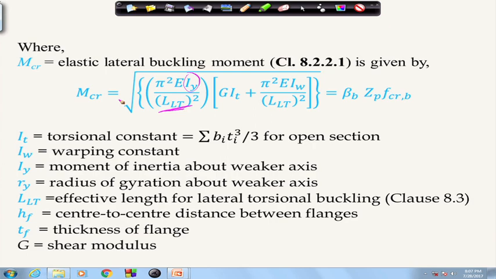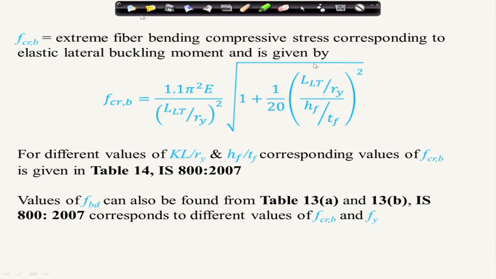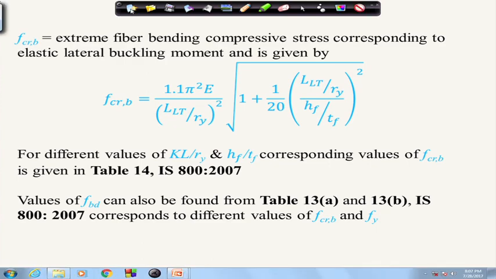So, depending on those factors, finally, we can find out the value of MCR. Okay. Also, we can find out the FCRB value, which is the extreme fiber bending compressive stress corresponding to that elastic lateral buckling moment.